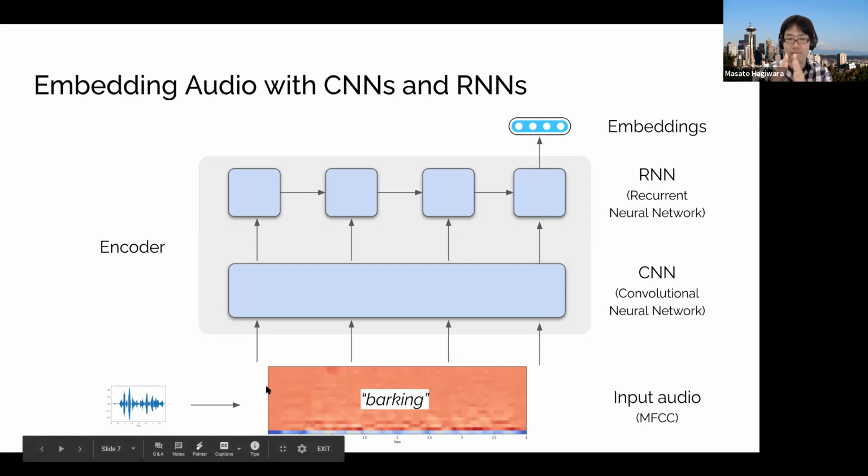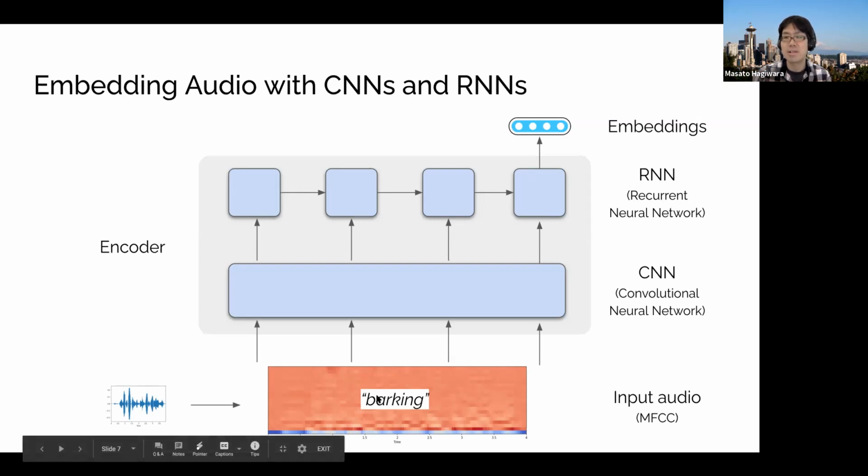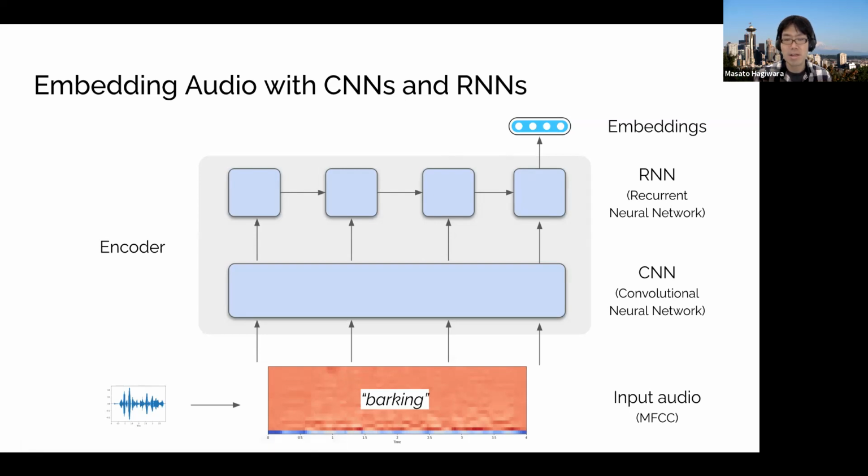Then you have basically an audio signal represented in this feature space, and for a word, let's say the word is barking, as in a dog is barking. In this work, we just assume that you know the boundaries of the word. So you know where the word begins and where the word ends.